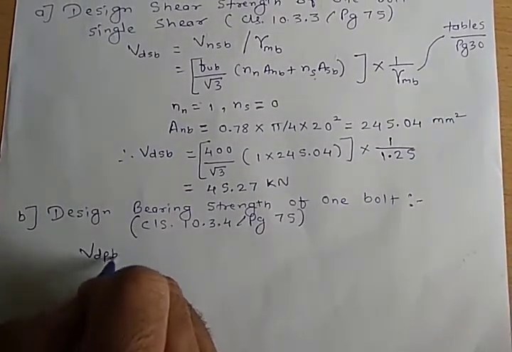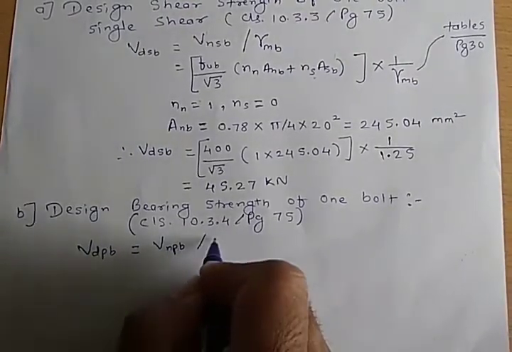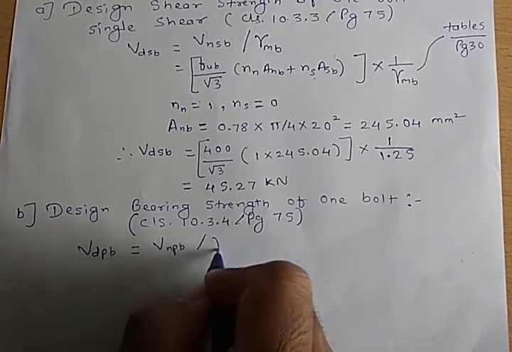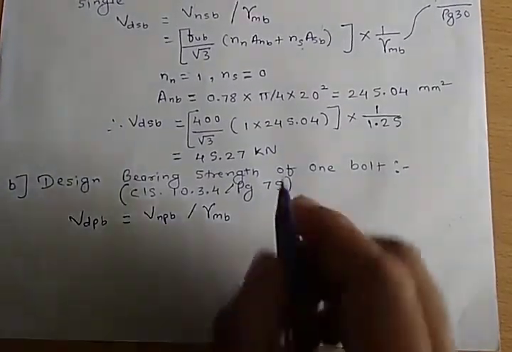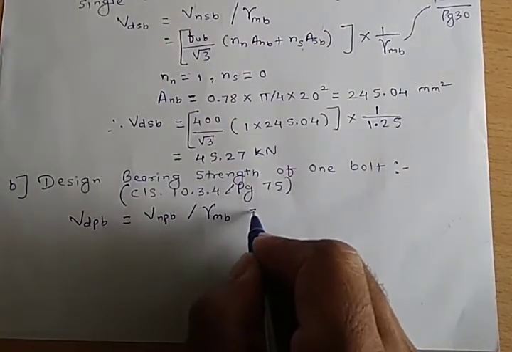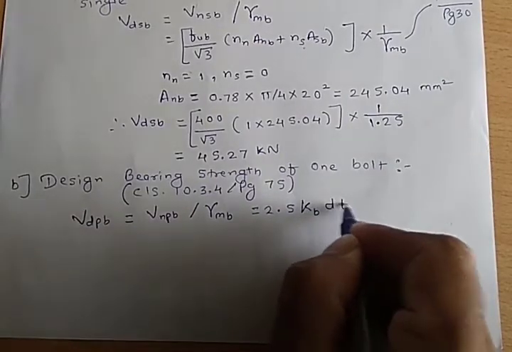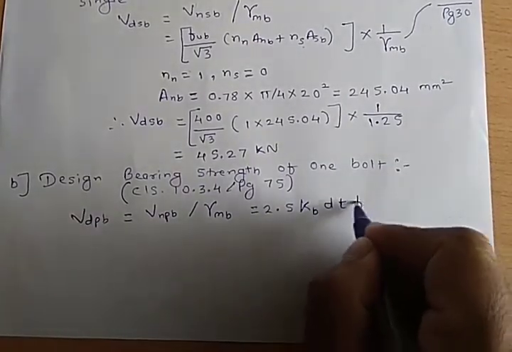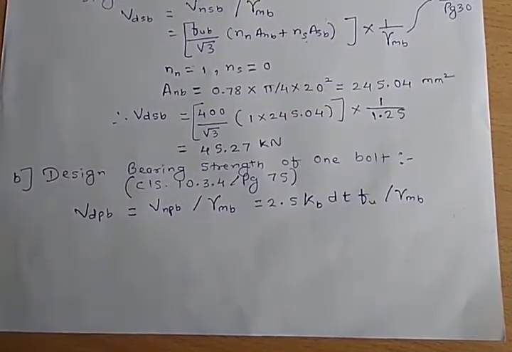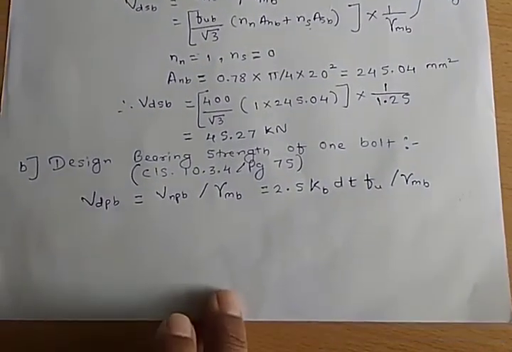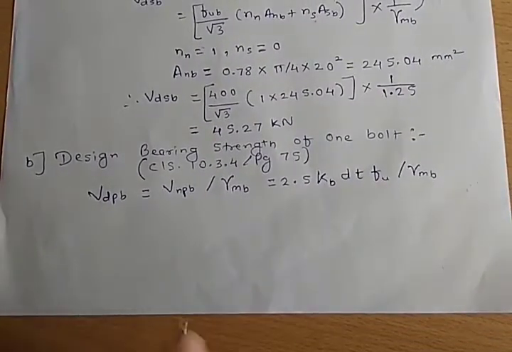So now if we write down, VDPB equals VNPB divided by gamma MB, and putting in the formula of VNPB, that is 2.5 kb into d into t into fu divided by gamma MB.